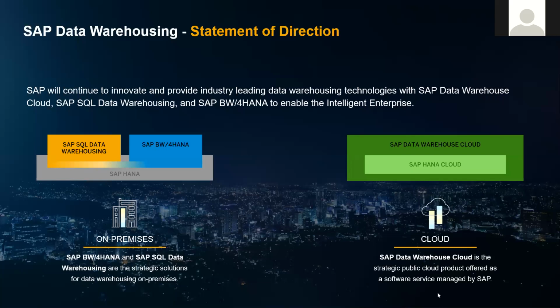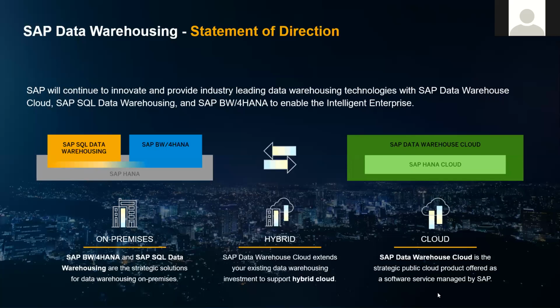And with the recognition that we still do have customers that have on-premise investments in SAP BW/4HANA or SAP HANA, we also approach this with a hybrid type of approach, whereby the two can be interoperable.